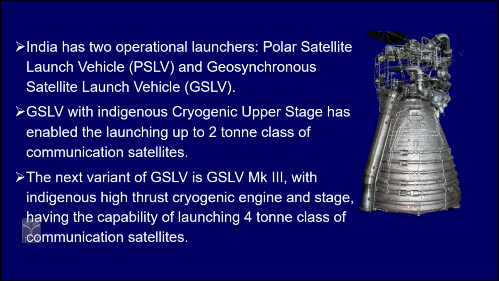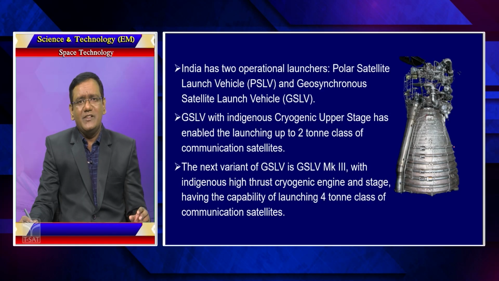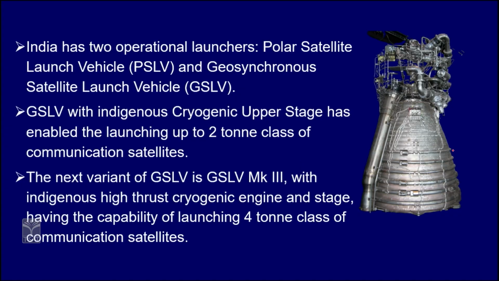The GSLV with indigenous cryogenic upper stage has enabled the launching of up to 2-ton class of communication satellites. So what is this cryogenic upper stage? Cryogenic is a type of engine that uses hydrogen and oxygen. So the cryogenic engine uses liquid hydrogen as the fuel. This liquid hydrogen is very efficient, and it produces more power.